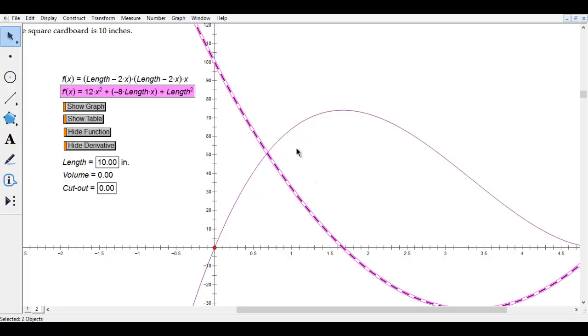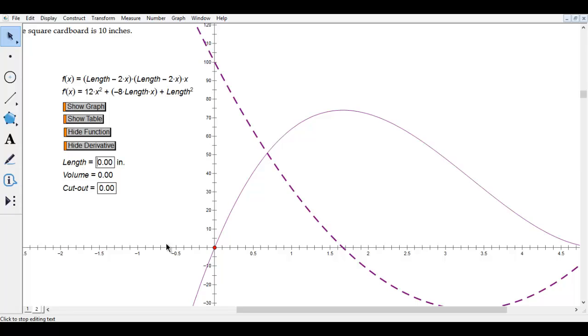This is the derivative of the function, and we can see that when the derivative of the function is equal to 0, which is at this point right here, that's the peak of the graph, which is the maximum of the graph.